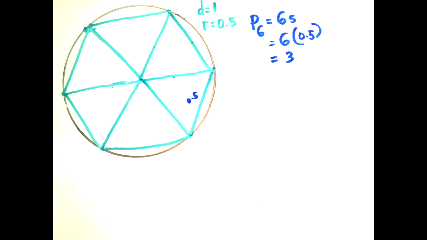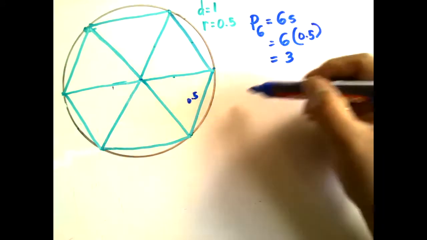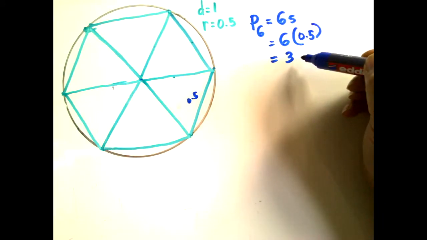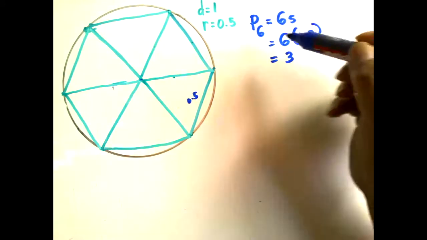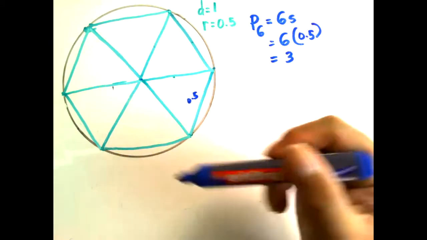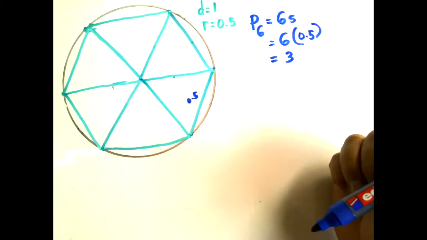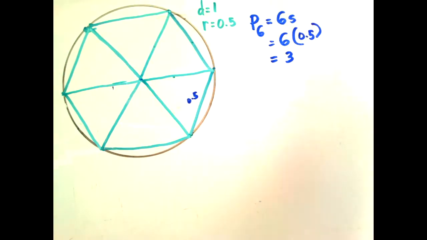Okay, so now what did Archimedes do? We know that the perimeter of the hexagon is 3. And I did say, how did he move from a six-sided figure to a 12-sided figure? Well, it's very straightforward.